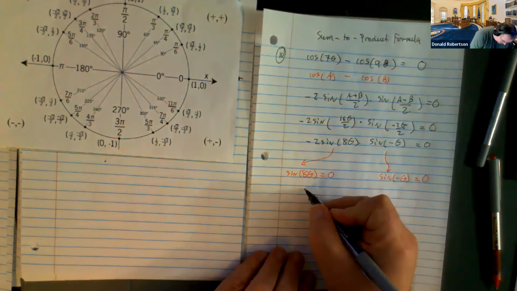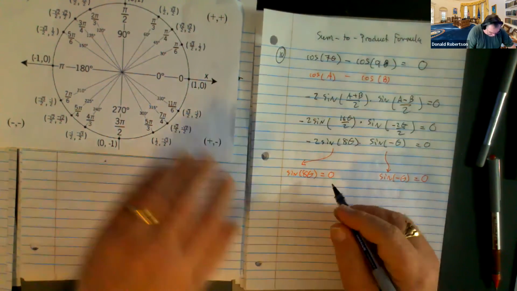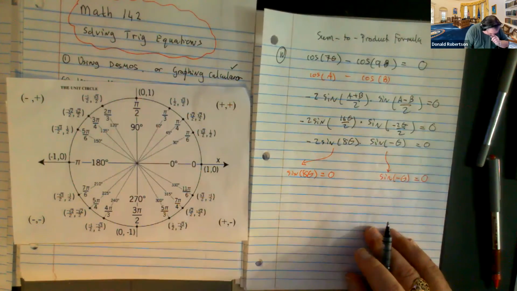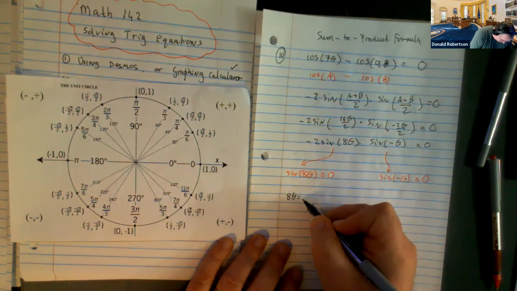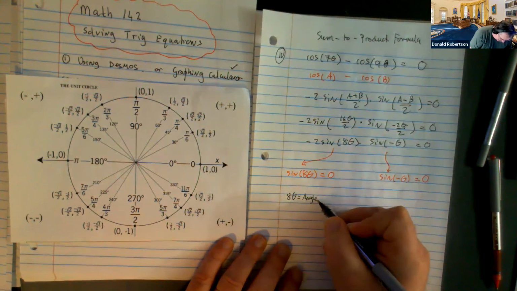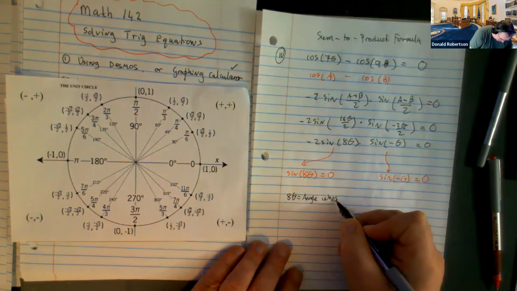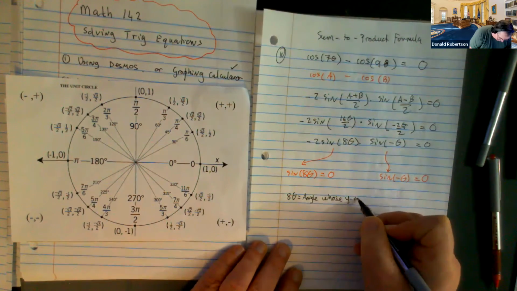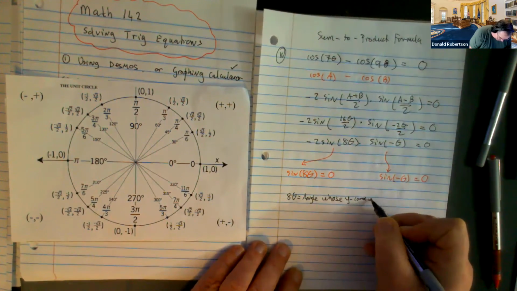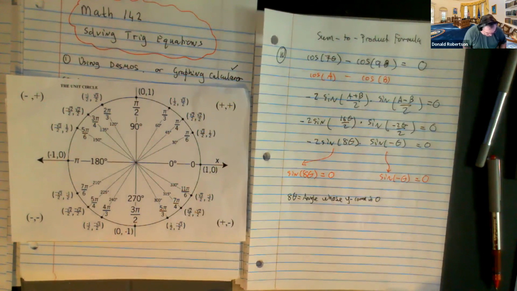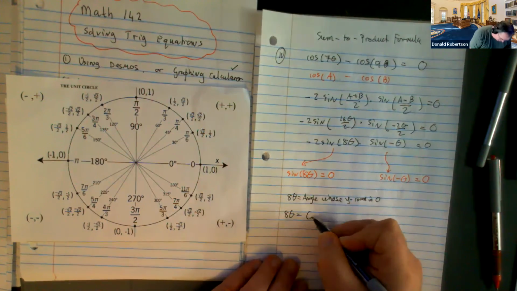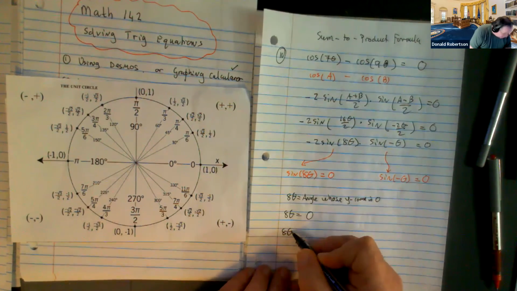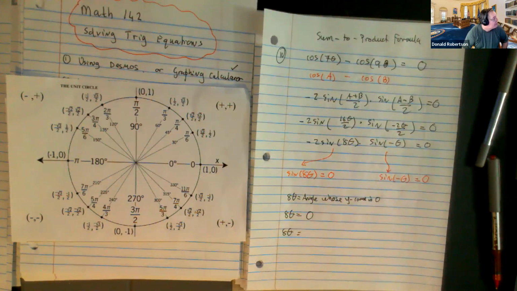When you're looking for when the sine is equal to 0, you're looking for an angle whose y coordinate is 0. And that happens at 0. Where else does that happen?